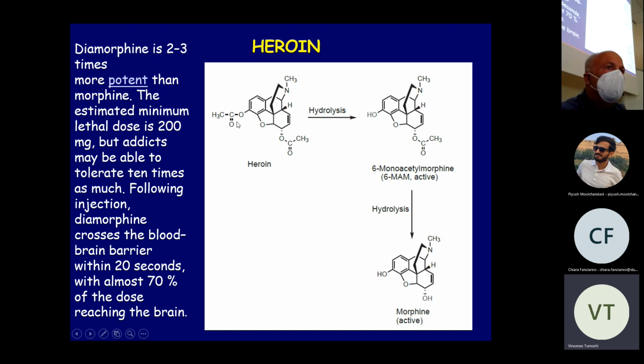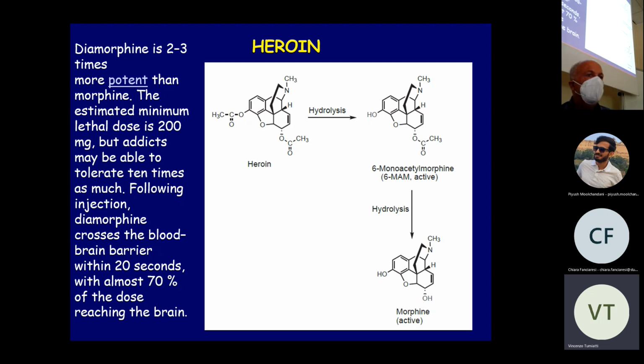You see heroin. The two OH groups are esterified. Hydrolysis by esterases at the beginning on the phenolic OH and then on the alcoholic OH gives again morphine inside the CNS. You see diamorphine, heroin, crosses the blood-brain barrier within 20 seconds with almost 70% of the dose reaching the brain.